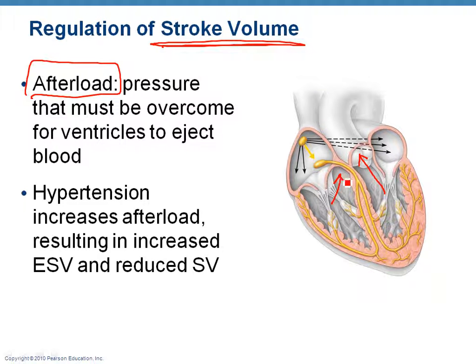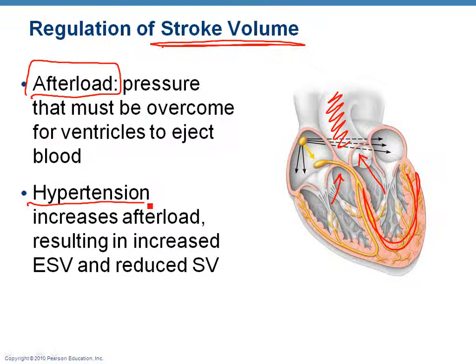Remember, those semilunar valves don't open up until the pressure in the ventricles exceeds the pressure in the aorta and the pulmonary trunk. So if you have hypertension, and the pressure in the walls of your aorta and pulmonary trunk is higher than it should be, that's going to cause a delay in your semilunar valves opening.